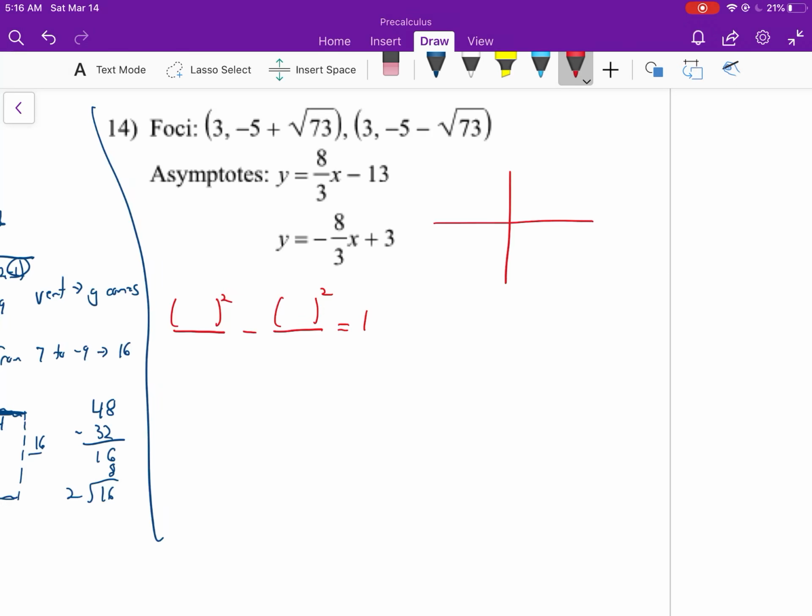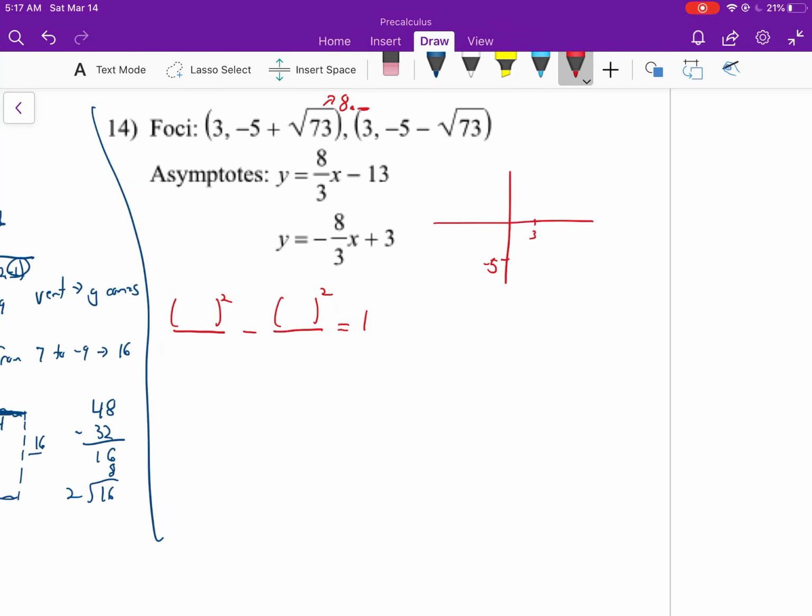We have 3, and then -5 plus root 73. Root 73, what is that? The square root of 64 is 8. The square root of 81 is 9. So we're at 8 point something. So I did that just so we can reference this.